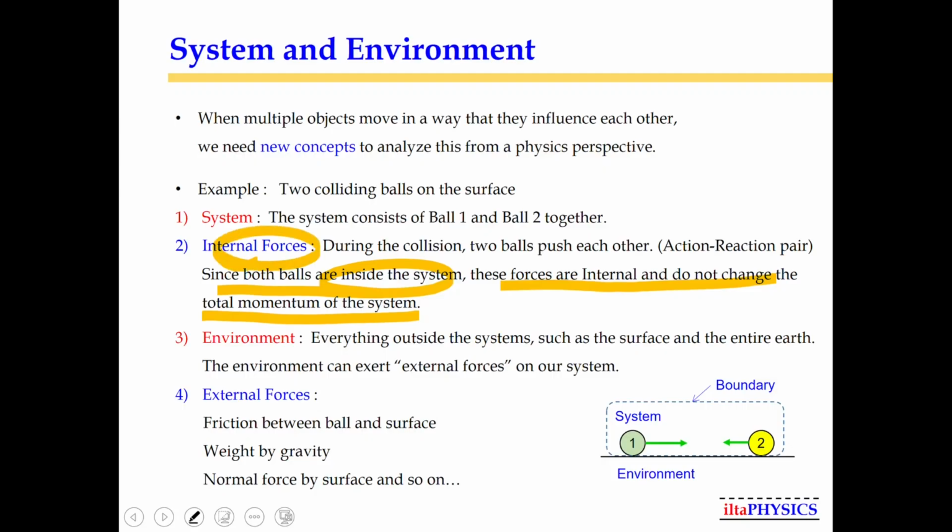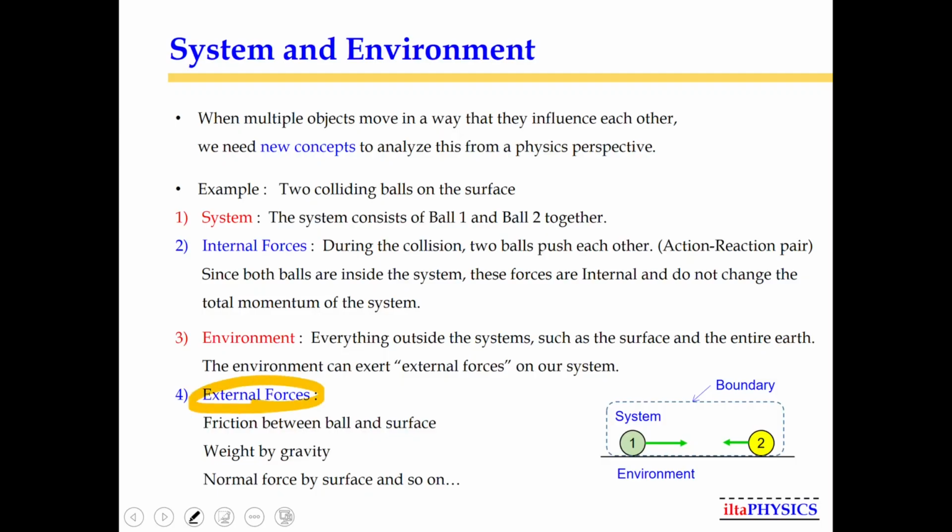On the other hand, we have forces acting from the outside. Although not shown in this specific diagram, you could think of friction as the balls roll on the ground, the weight due to gravity pulling the balls down, or the normal force of the floor pushing up on the balls.